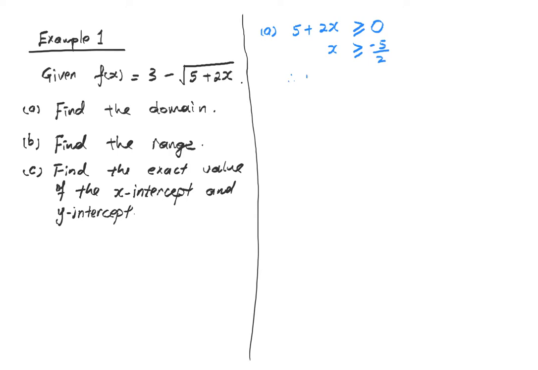You have to write down, therefore, the domain is, so the equal sign in maths means is, x is a member of real numbers, and x must be greater than or equal to negative 5 over 2. So it can be equal. So that's why there is no vertical asymptote.